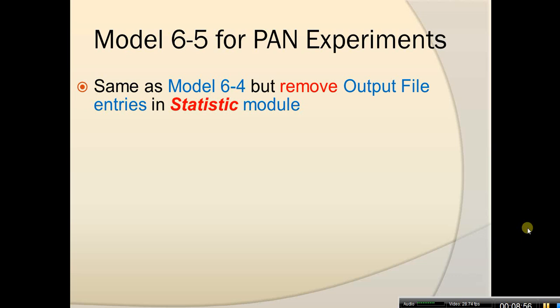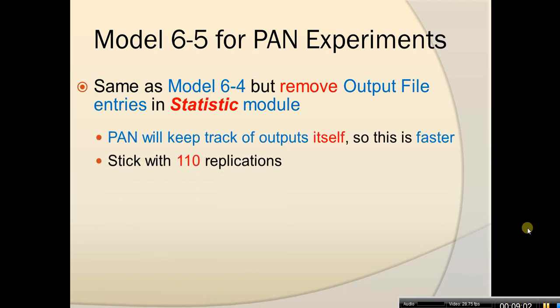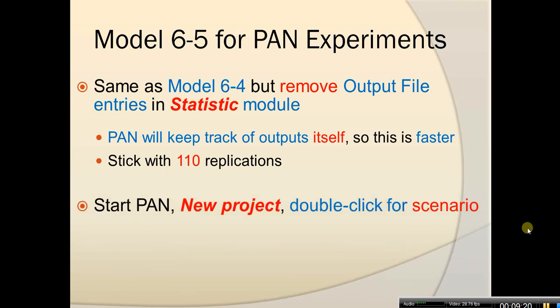We'll still have the statistics in there, we're just going to remove the file entries. As I said, the PAN will keep track of outputs itself, so it will be much faster for us, and we will be able to analyze more than just two scenarios. We'll keep the 110 replications as they were, unchanged.